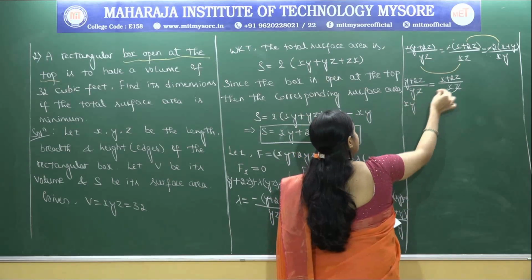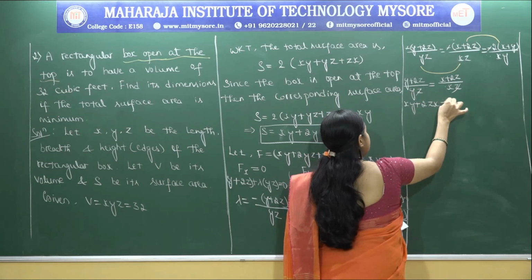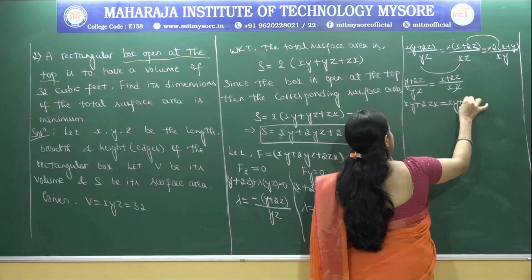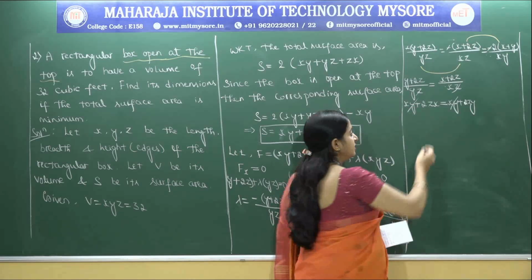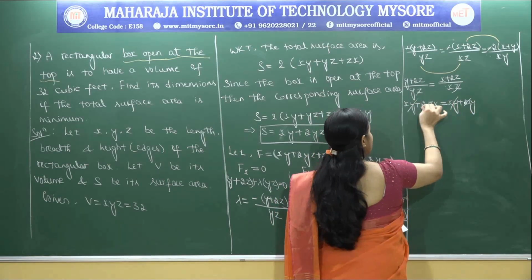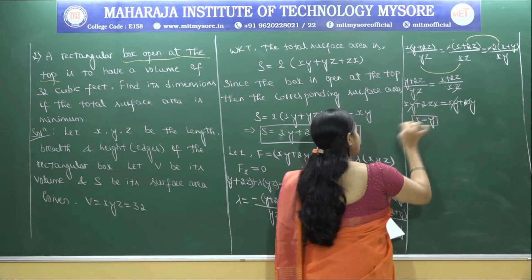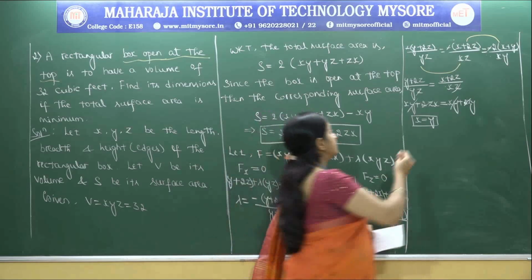You will get xy plus 2zx equals xy plus 2zy. xy and xy get cancelled. Same 2z also gets cancelled. You will get x equals y. So in the condition you can substitute y equal to x.